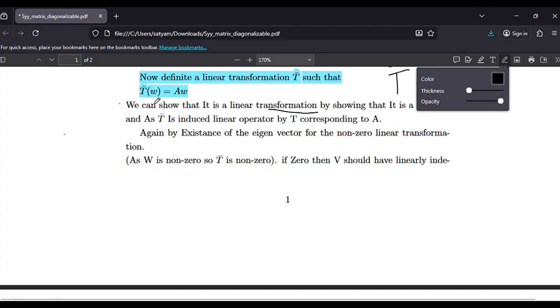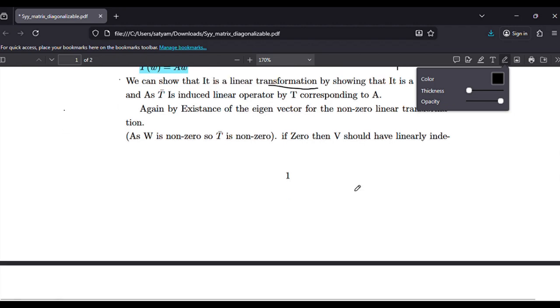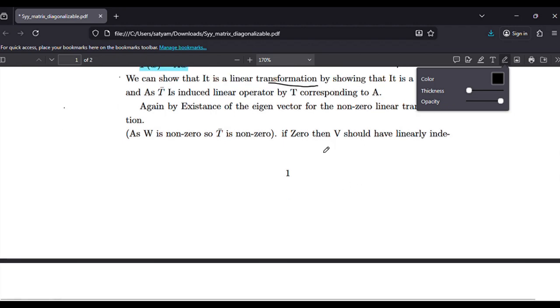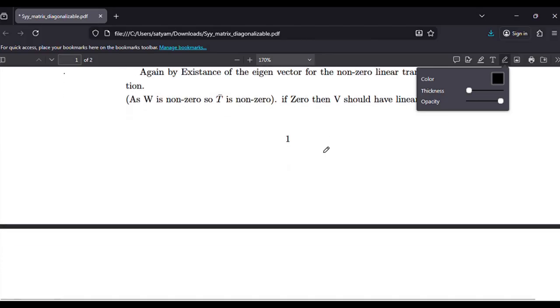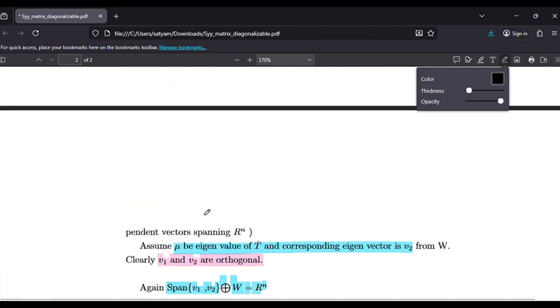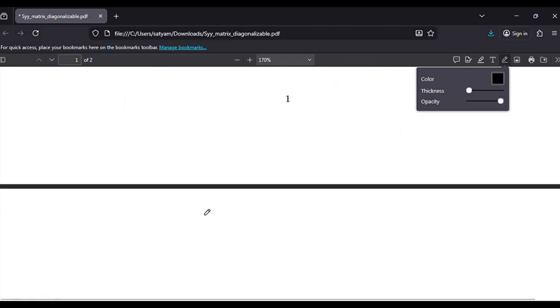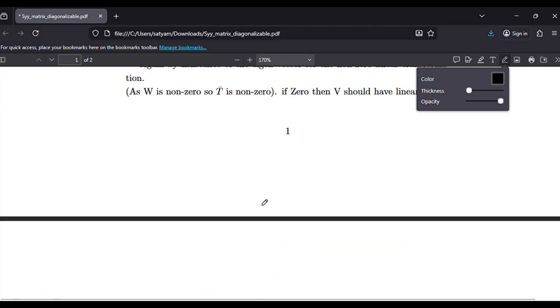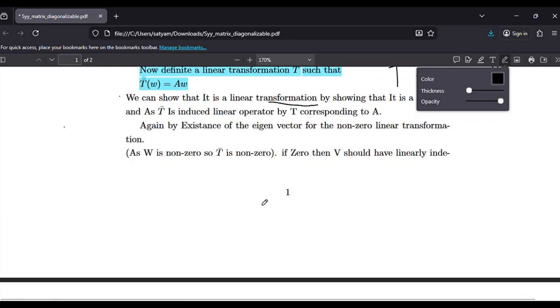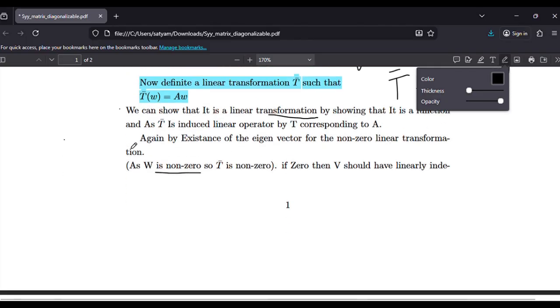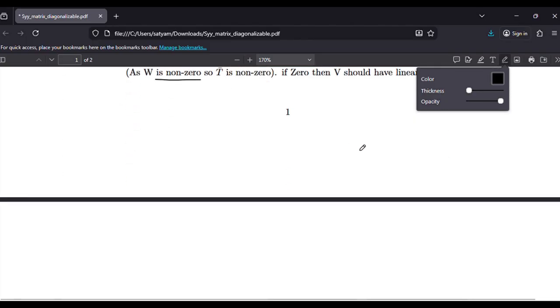So since T bar is a linear transformation, we should have an eigenvalue. W is non-zero, because if W is 0, we would get a zero linear transformation, and for a zero linear transformation there may not be an eigenvalue.